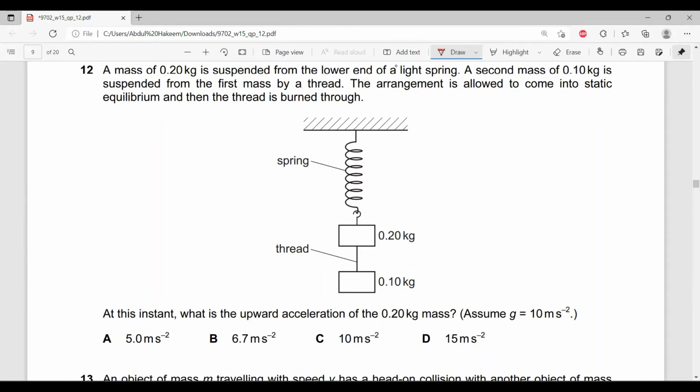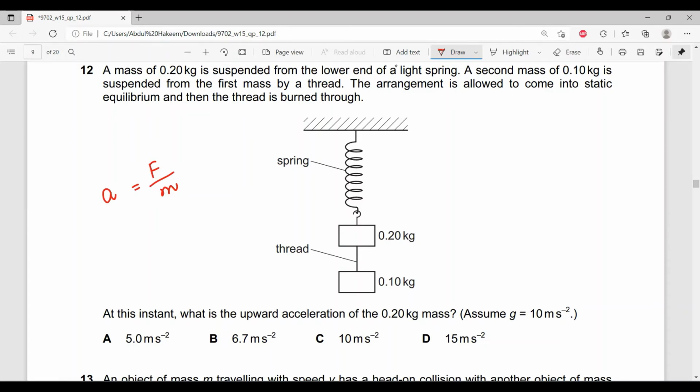So the question is, what is the upward acceleration? A is equal to F divided by M. So read it again. A second mass, 0.1, is suspended from the first mass by the thread.